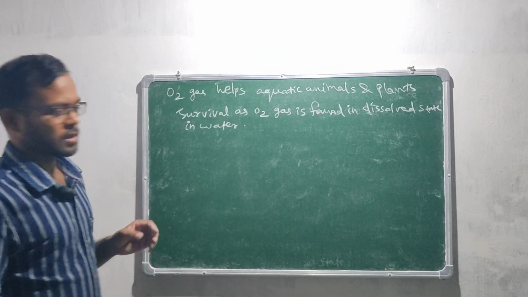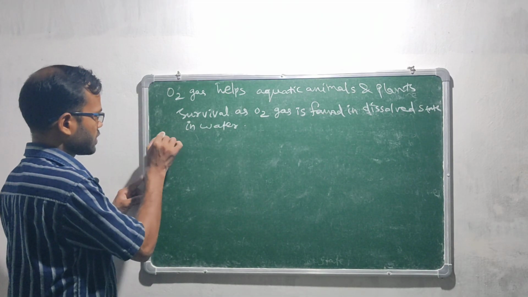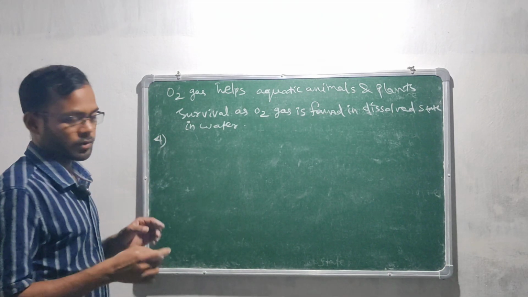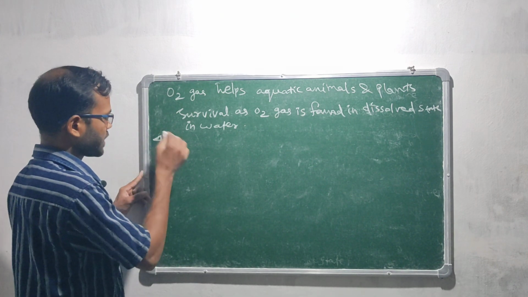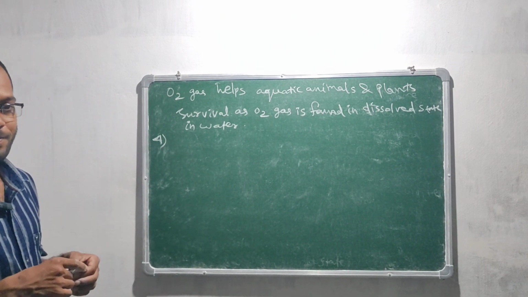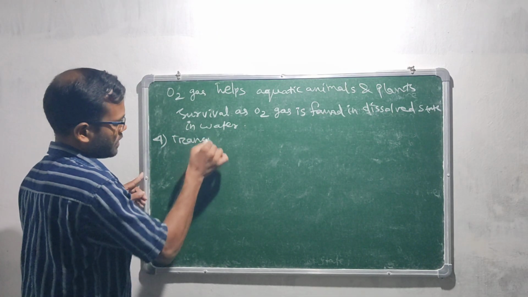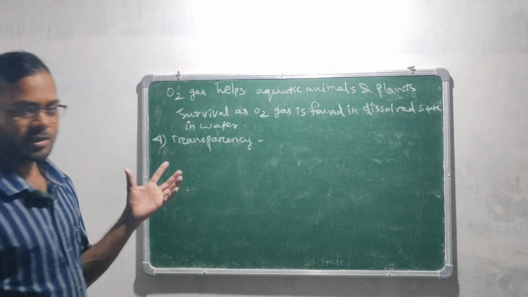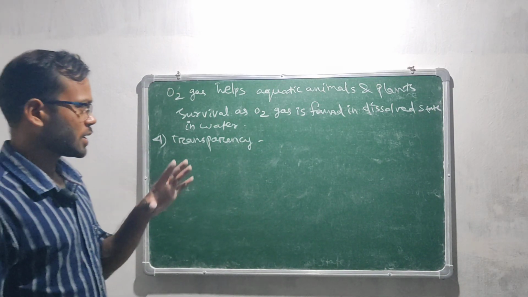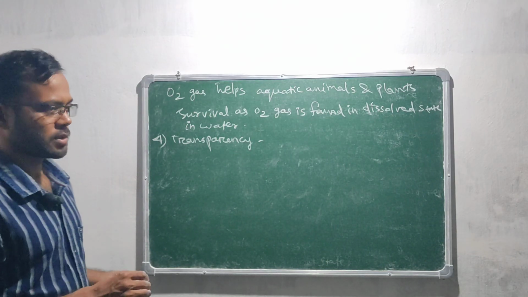Okay, so our last, I think the fourth property of matter or properties of substances, is transparency. Transparency means whether we can see through a wooden block or not.